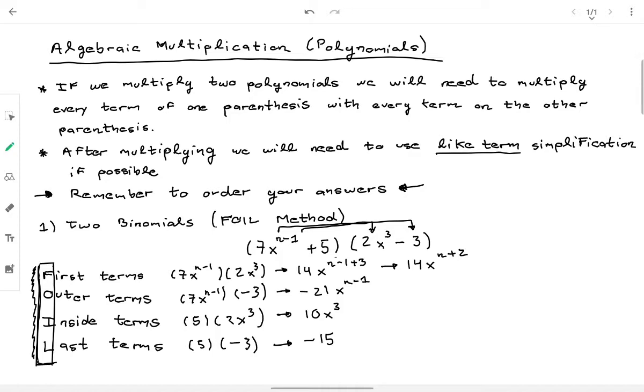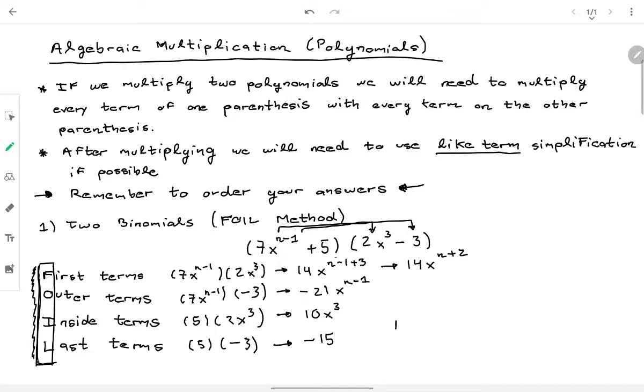So in this case, we are going to put this in alphabetical order. Because we don't know exactly the value of n, we cannot know if it's a bigger x to the n plus 2 or 10x cubed. So we are putting first the one that has only the power of x, then the ones that have a variable.